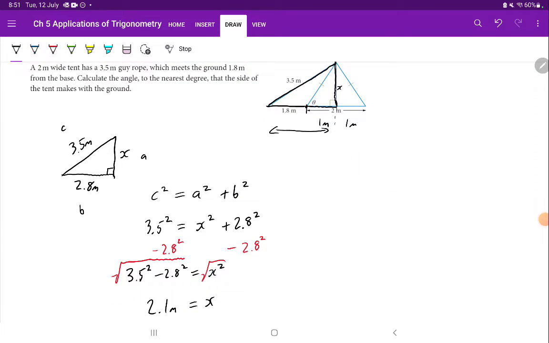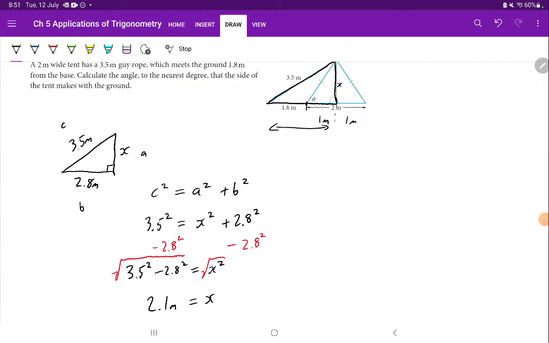Well, now we have enough information to find the angle. So let's draw in a new triangle, and this is the triangle we're going to be interested in, the one I'm drawing in blue. Let's redraw that triangle with all the information we know. We've got that this side is the same length as the side over there, but we don't know that side, so it's not going to be too useful for us.